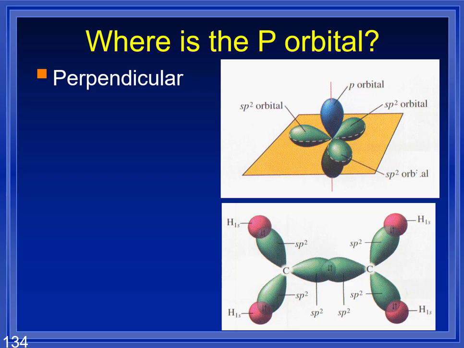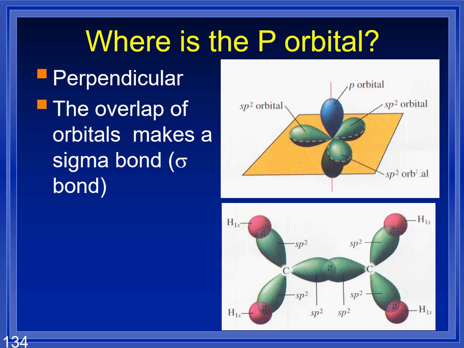Look at what that puts them. Puts them right next to each other, so they can make a pi bond. So the overlap of orbitals, my sticks, are sigma bonds. The sticks represent the sigma bonds where they overlap.